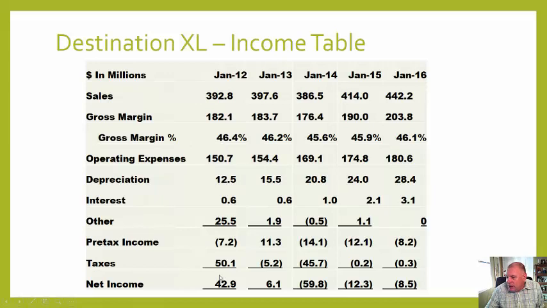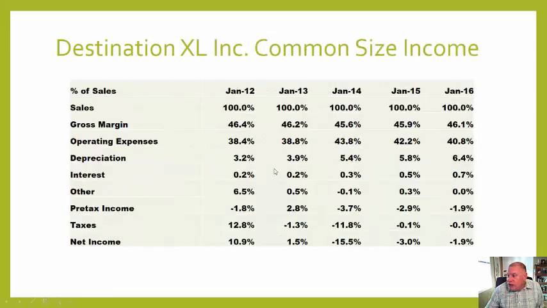We can look at these numbers and say, oh my God, things are getting worse. Why are they getting worse? One of the things you can do is express everything as a percentage of sales. What we can see is that the gross margin is essentially flat, based on what goes into gross margin, which is the cost of what's sold.